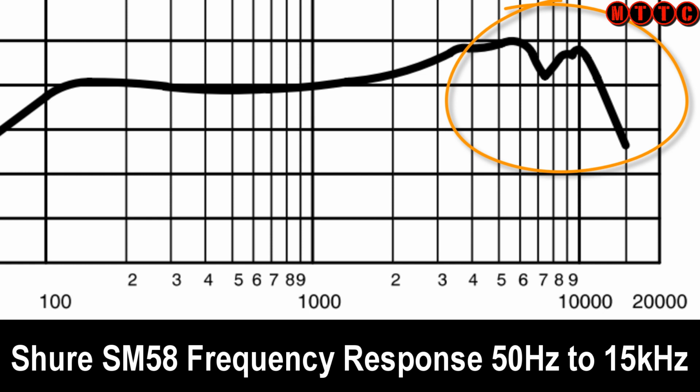Then there's a dip around 7, and then another boost around 8.5 kilohertz, and then from 9 kilohertz onwards there's a sharp roll off as well of the high frequencies.